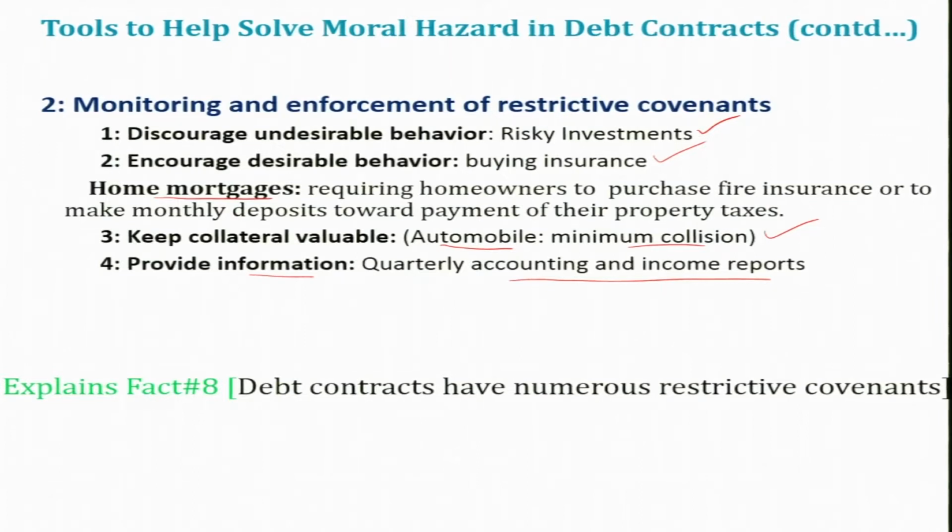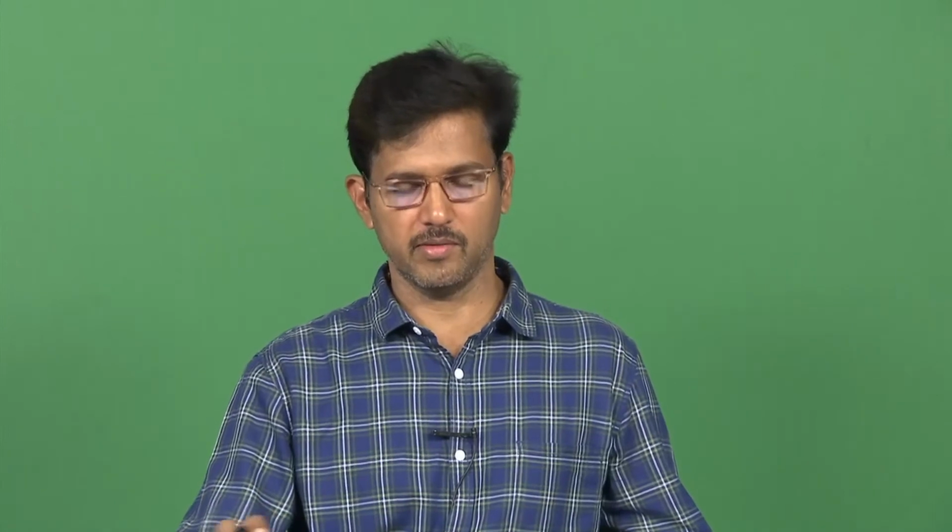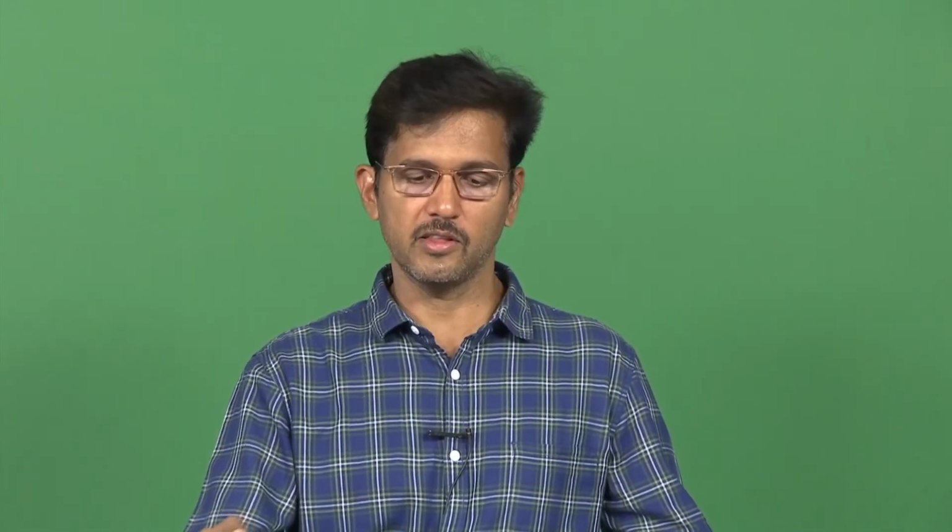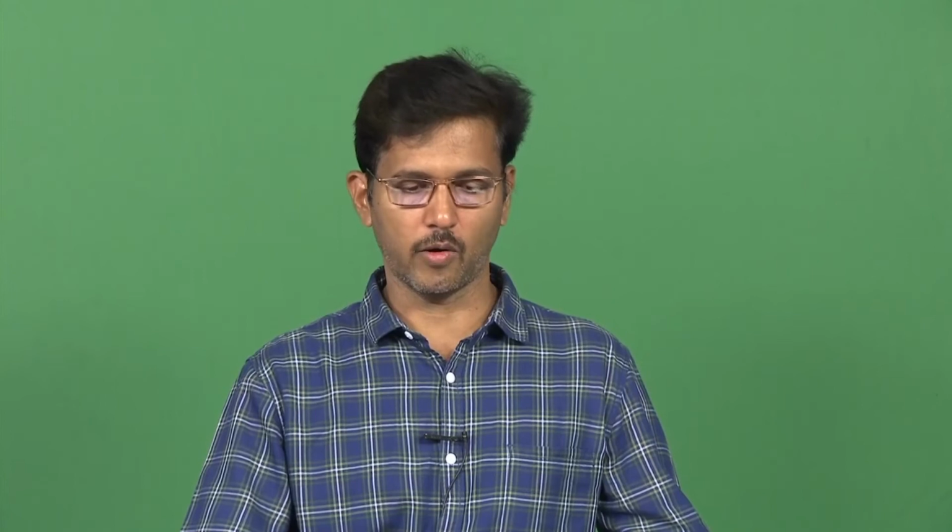All these factors we saw in the beginning of the session, I mentioned in the previous session that debt contracts come with lots of covenants, lots of restrictive practices. Why do they include these? Because in order to reduce the moral hazard, these are the kinds of restrictive covenants they include in the loan agreement.